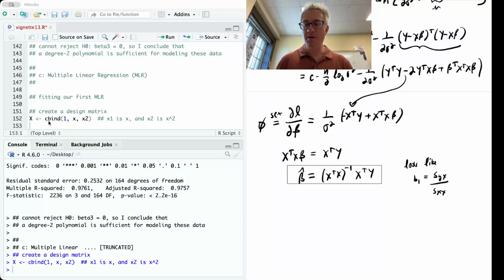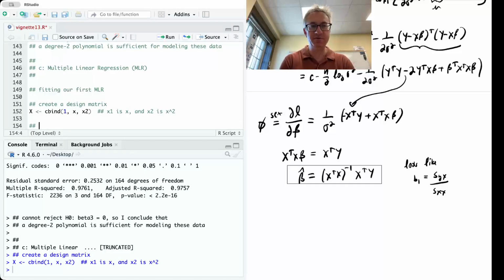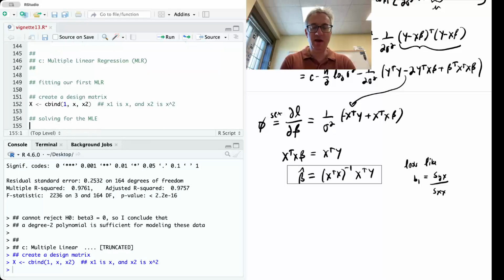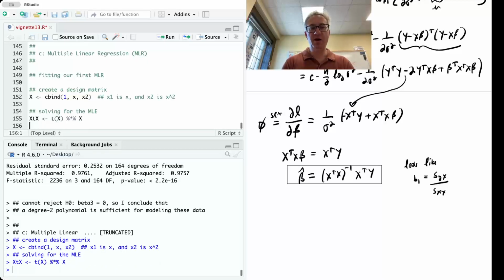So let me wrap up this MLE calculation by going over into R and doing this formula, so solving for the MLE. So I need to calculate x transpose x. So the transpose function in R looks like this. Matrix multiplication looks a little funny. So that's how you multiply the transpose of a matrix by itself. And then if you want to invert it, I call this xtxi, the inverse of x transpose x.